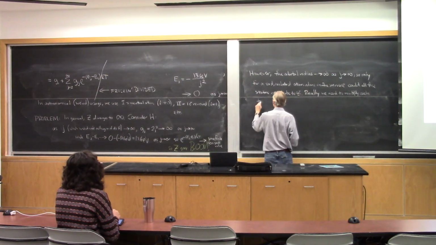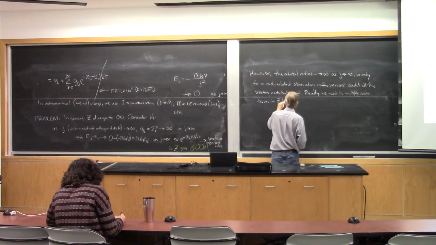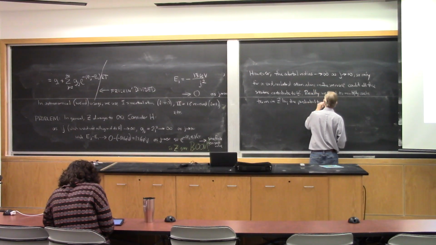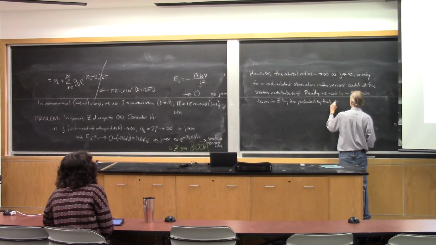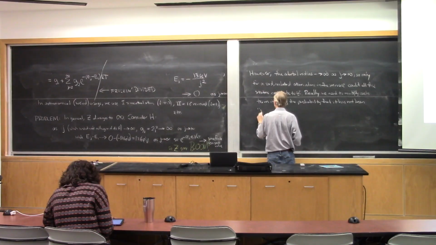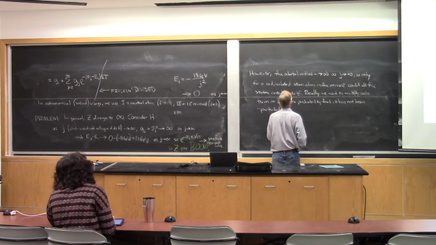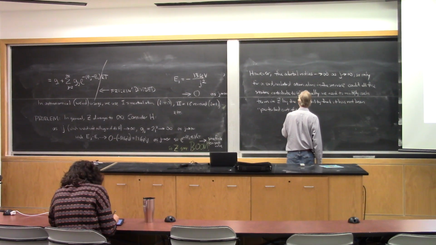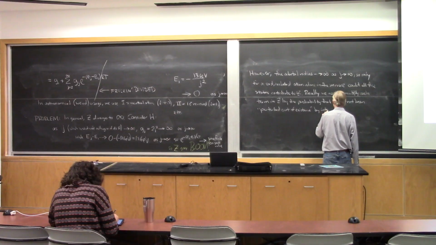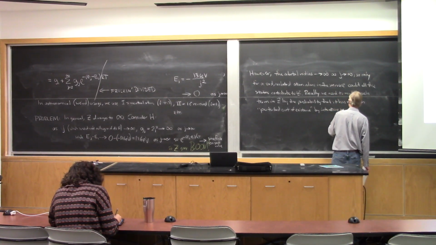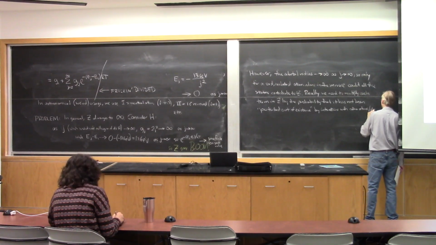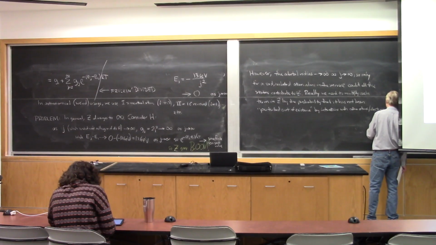We need to multiply each term in Z by the probability that it has not been, and I'll put that in quotes, perturbed out of existence by interactions with other particles, with other atoms, electrons, etc.